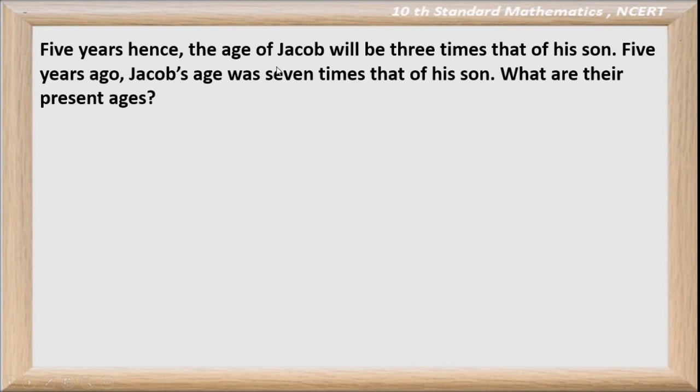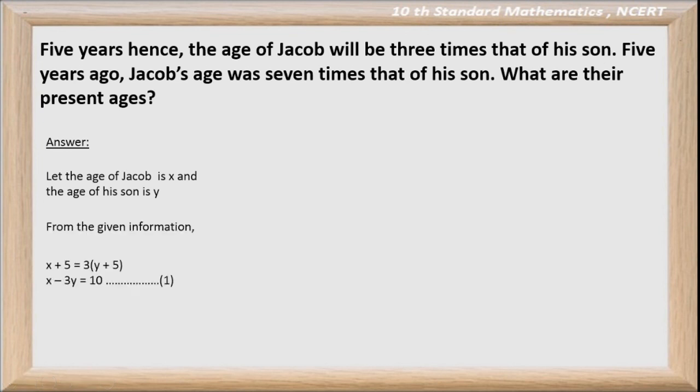So we consider Jacob's age to be x and the son's age to be y. Let the age of Jacob be x and the age of his son be y. After 5 years, Jacob's age will be 3 times that of his son. After 5 years, Jacob's age is x plus 5, equal to 3 times his son's age. After 5 years, the son's age is y plus 5.